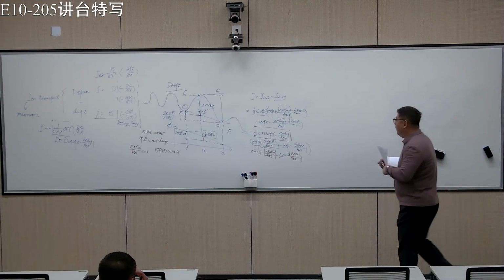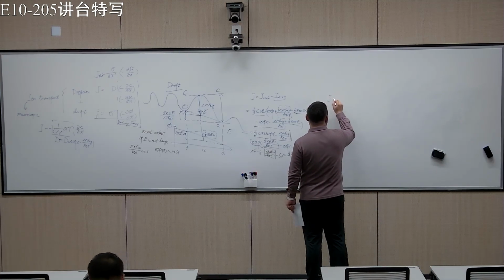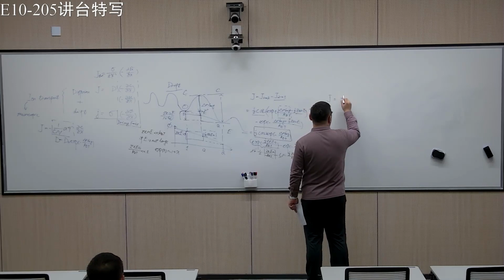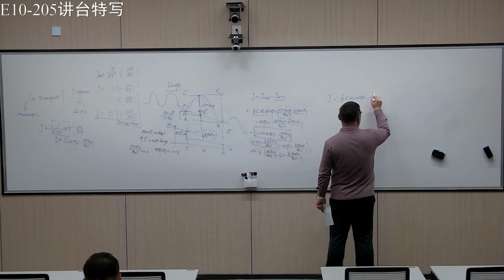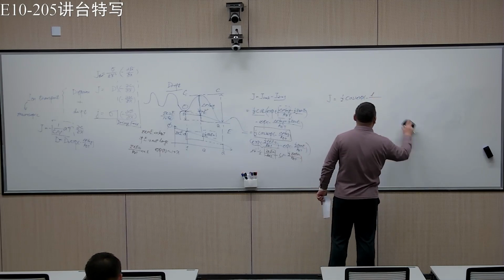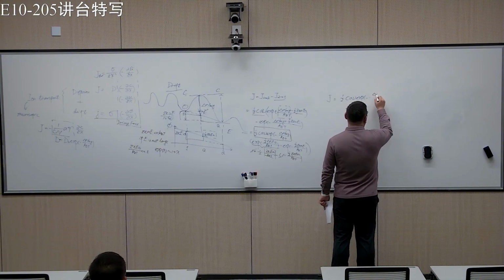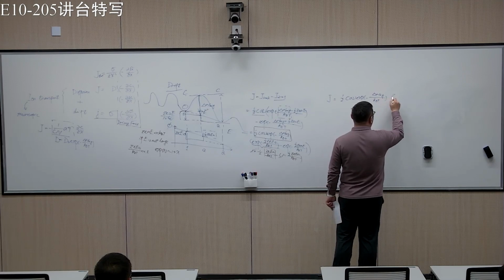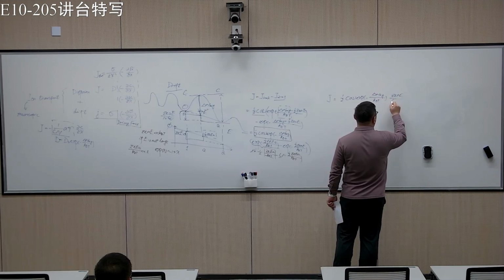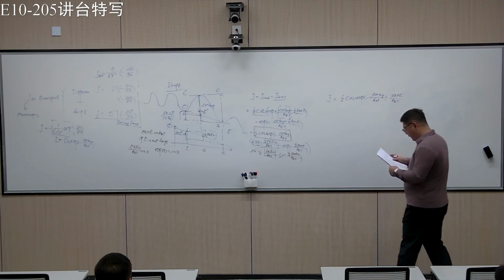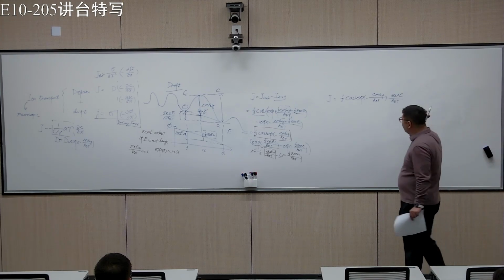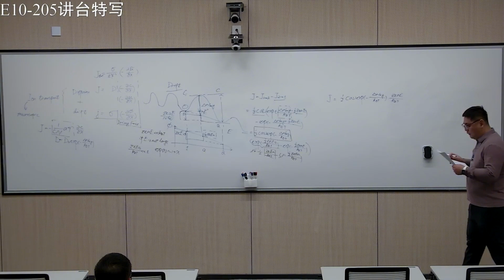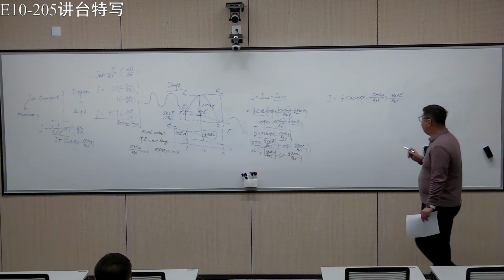So then the J drift is basically 1/2 C A mu exponential minus delta H migration over kBT, times the EA over kBT. This is essentially the expression.